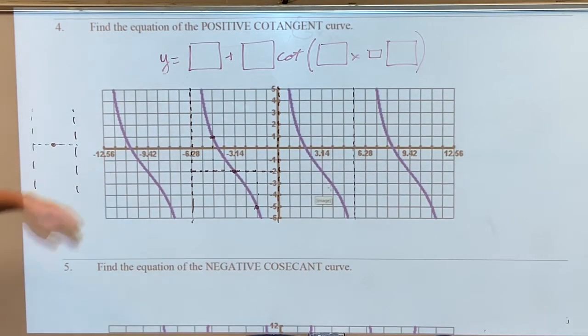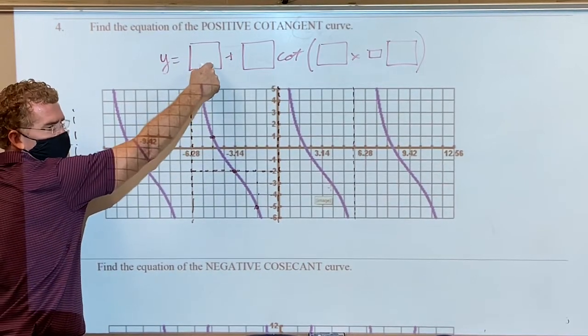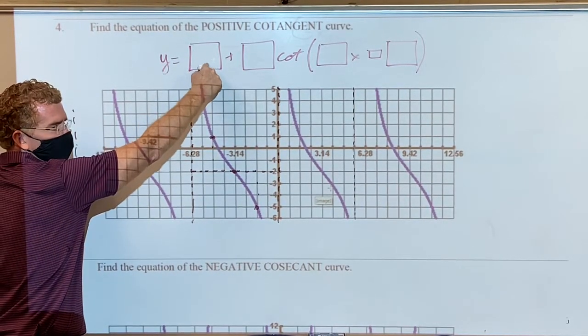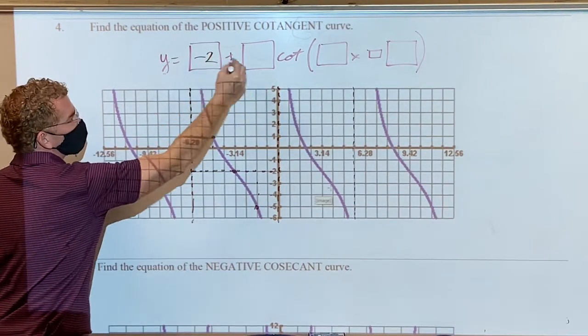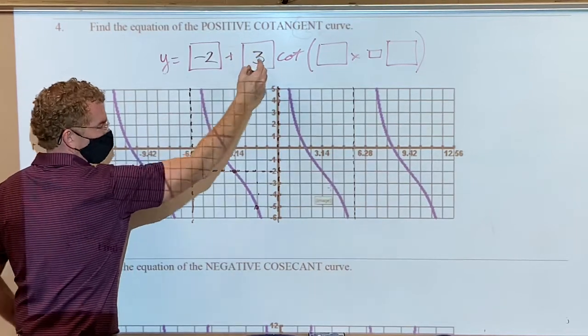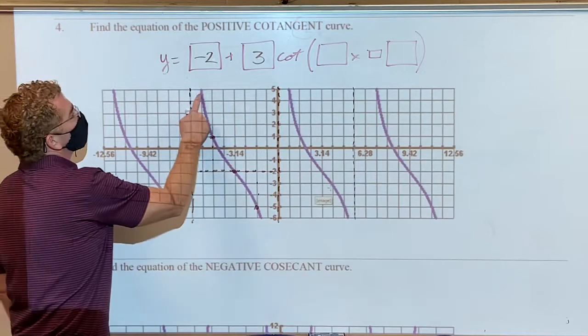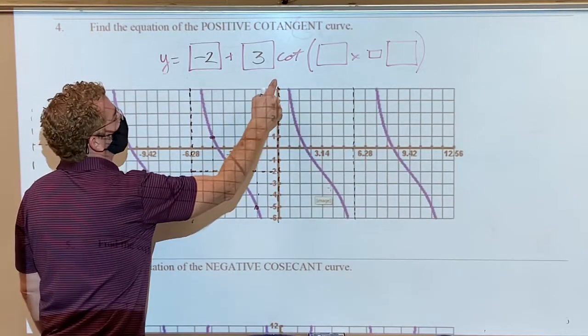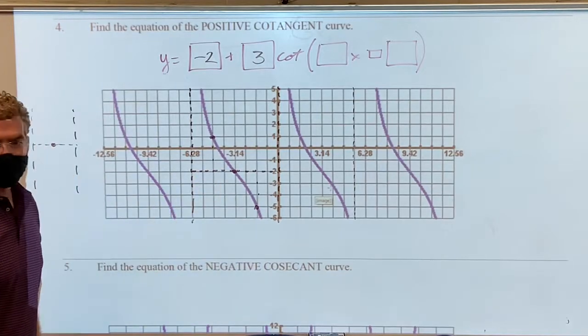So now that I know this, I know what is this? -2. What is this? 3. And then you're back to doing the same thing as before. The period is 1, 2, 3, 4, 5, 6, 7, 8 ticks. What is 8 ticks on this graph? 2 pi.